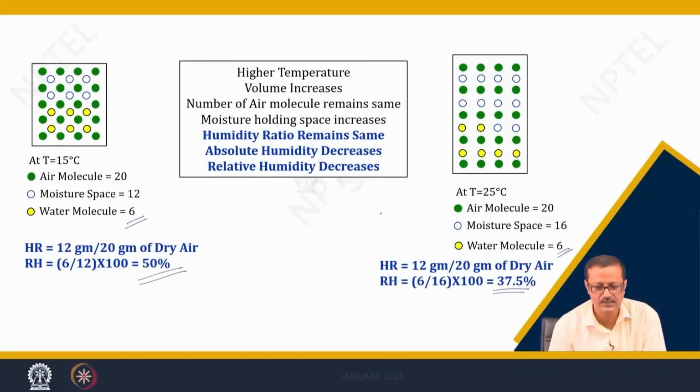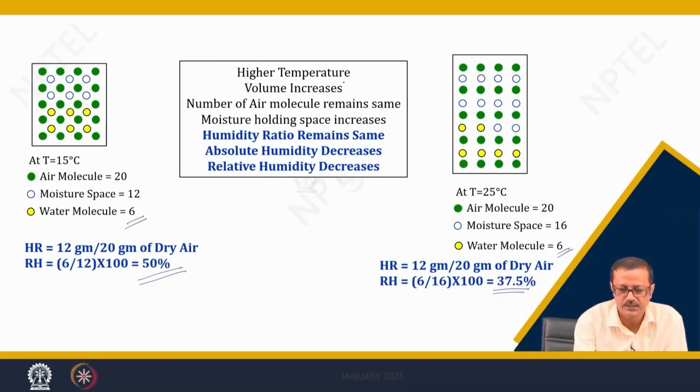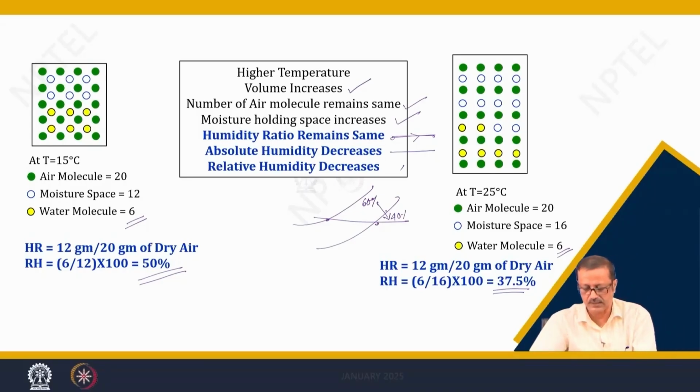So what we have discussed: at higher temperature the volume increases, Charles' law, the number of air molecules remains the same, the moisture holding space increases, and the humidity ratio remains the same, on the same y axis, it is not going to change from here to here. Absolute humidity decreases because volume increases, and relative humidity decreases because of these two lines. So from here to here it goes to a lower line; it is 60%, it may be 40% also. So it decreases. That we need to understand.